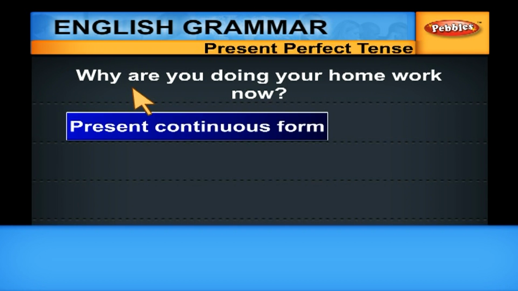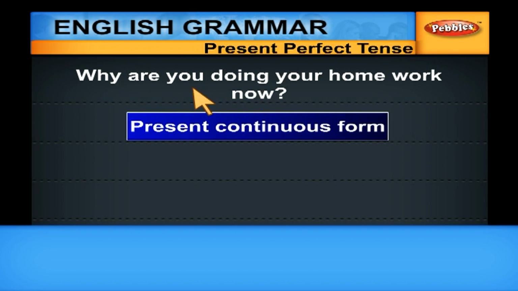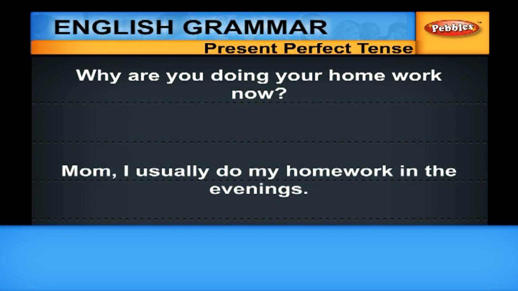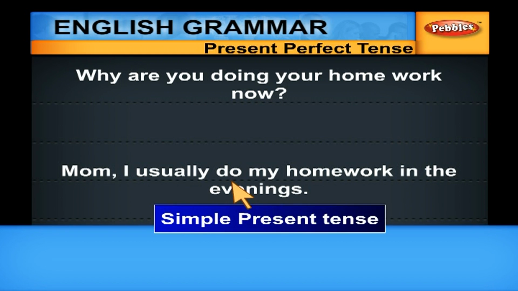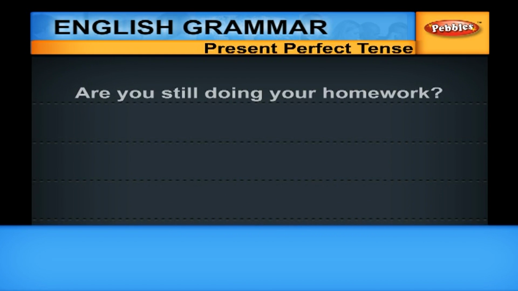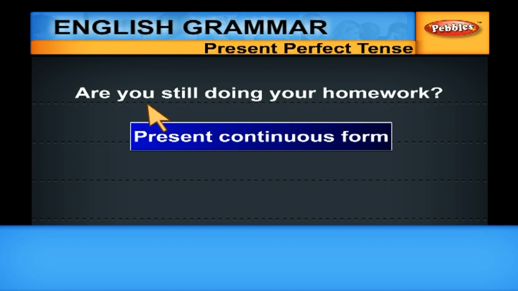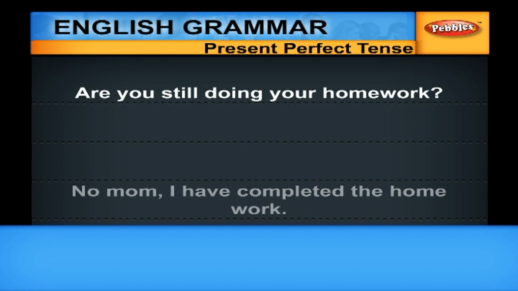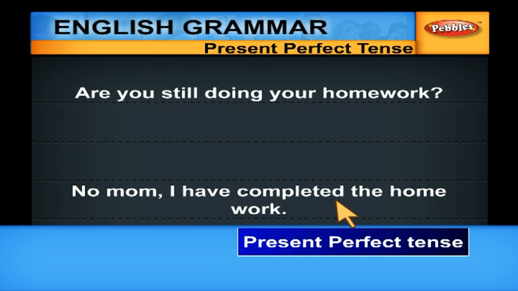This is also present continuous. Mom, I usually do my homework in the evenings. It is in simple present. Are you still doing your homework? It is in present continuous. No, Mom, I have completed the homework. It is in present perfect.